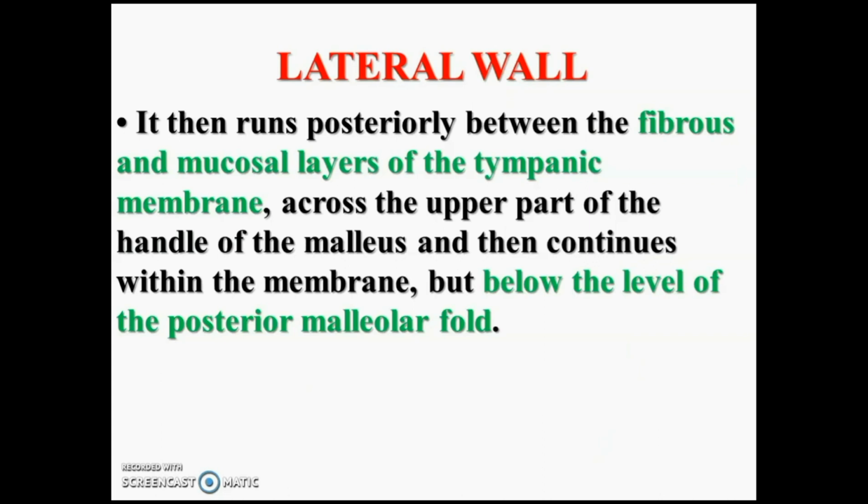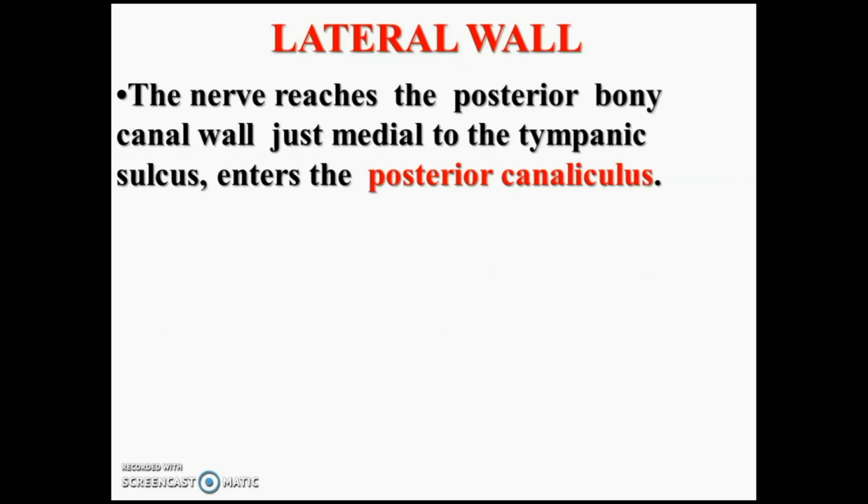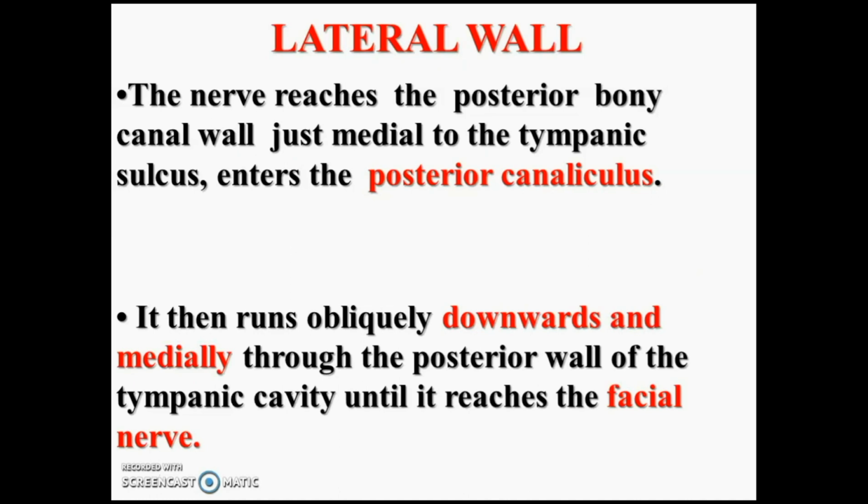So, the chorda tympani nerve runs posteriorly between the fibrous and mucous layers and reaches the posterior bony canal medial to the tympanic sulcus and runs downwards and medially to join the facial nerve through the facial recess.